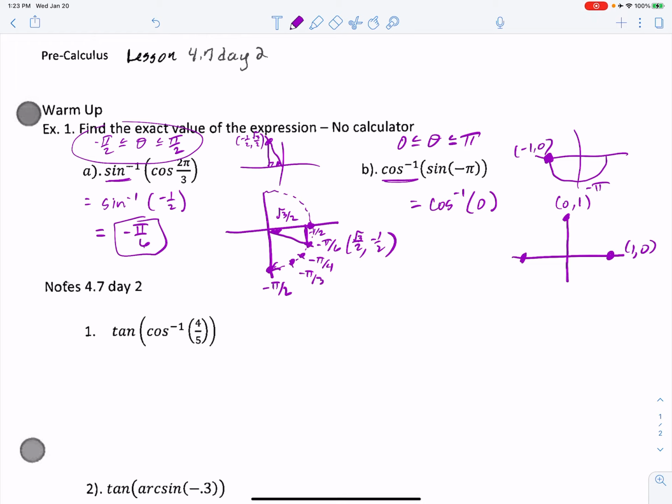And when the angle is pi, then this would be -1, 0. And so on which one of those is the cosine of the angle going to be 0? Well, the cosine is the x-coordinate, so it's going to have to be this one, and that angle corresponds with pi halves. And pi halves is between 0 and pi, so my answer is pi halves. How'd you do?